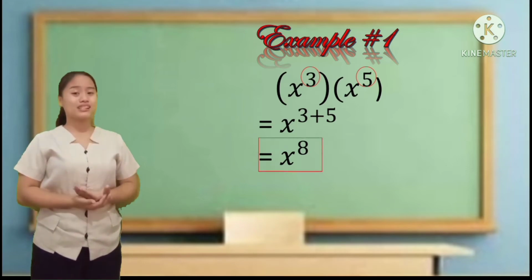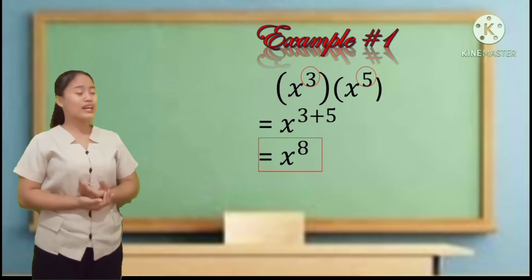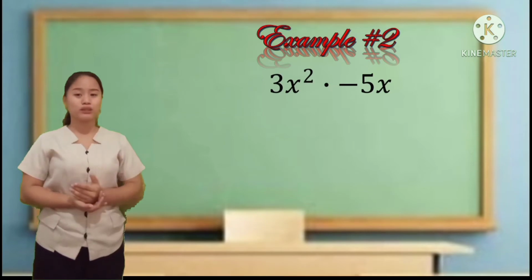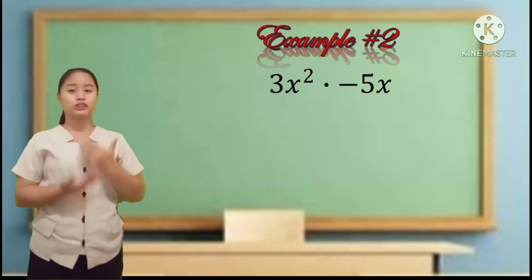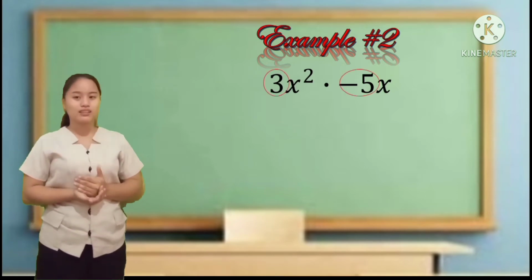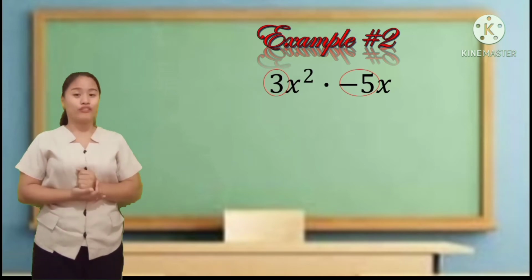So for our next example, let's try to multiply polynomials with coefficient. So we have 3x squared multiplied by negative 5x. When we say coefficient, we are referring to the number beside the variable. So we are referring to the number 3 and number 5.